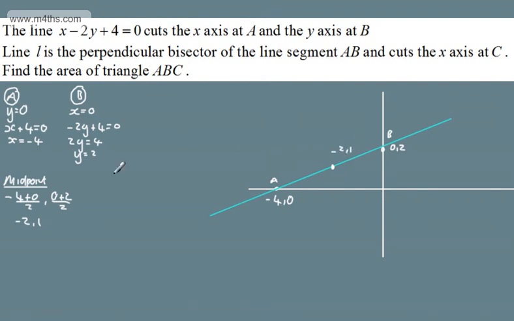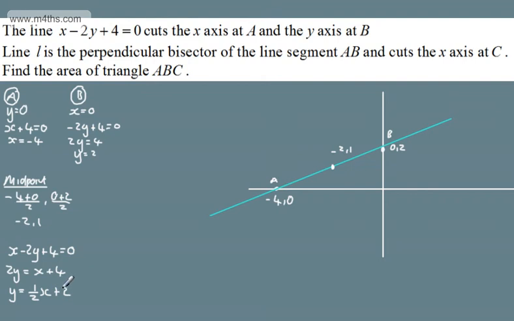We now need the gradient. If we rearrange into the form y is equal to mx plus c, we start off with x minus 2y plus 4 is equal to 0. So 2y will be equal to x plus 4. Dividing both sides by 2, we've got y equals 1/2 x plus 2.